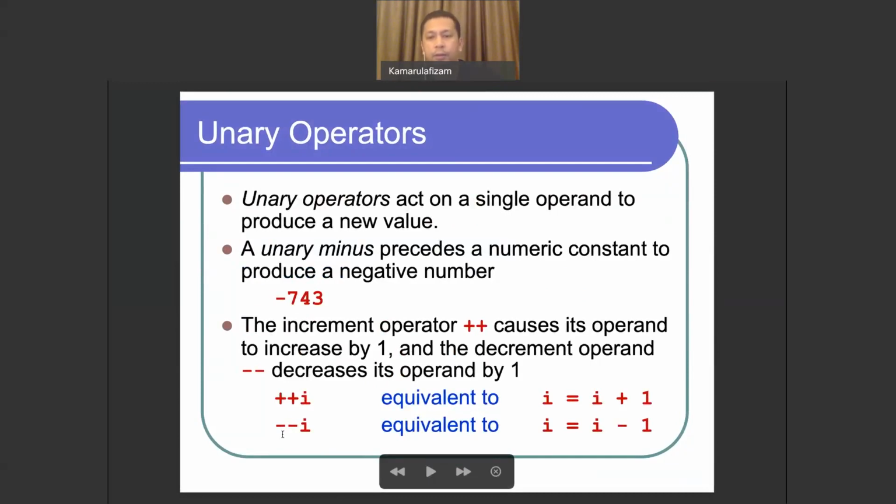And it works with minus minus I, which is equivalent to I equal to I minus 1. Of course, this is the original statement that you have to write in your programming, but you can use a shortcut by typing just 3 characters, plus plus I. Basically, this statement works the same as the statement on the other side.